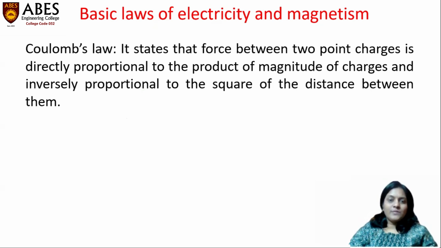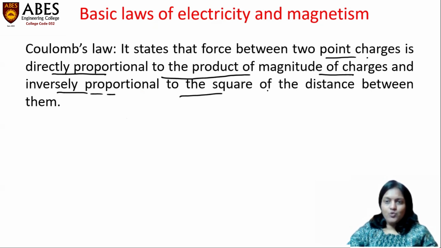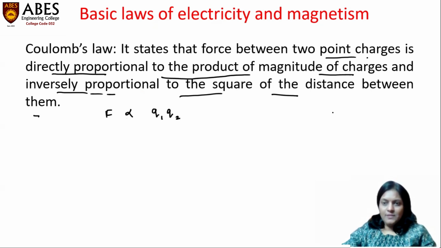Third one is Coulomb's law. It states that the force between two point charges is directly proportional to the product of the magnitude of charges and inversely proportional to the square of the distance between them. These are the charges Q1, Q2.